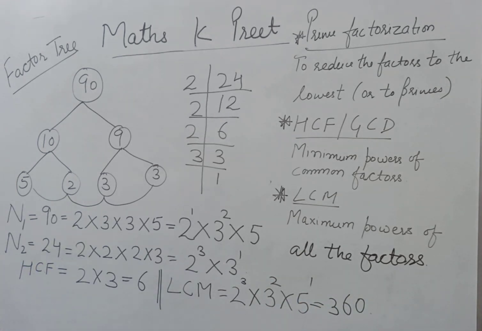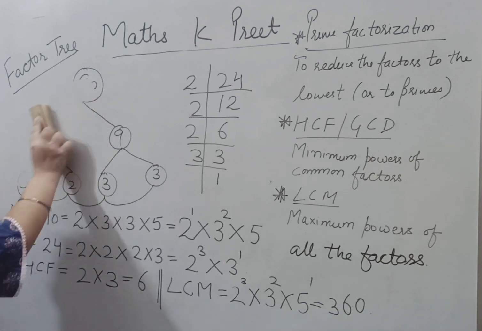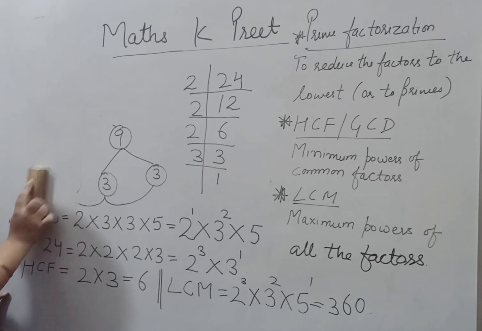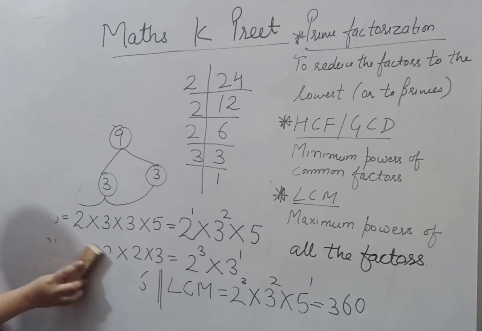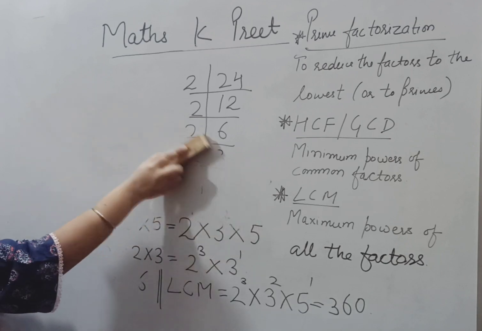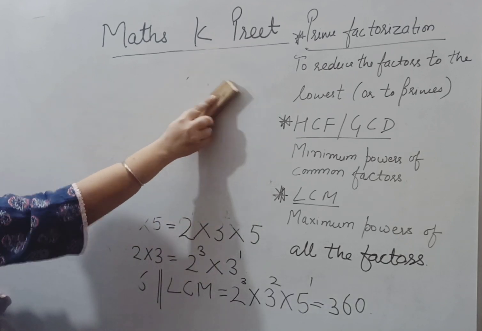This is the LCM. So this was all about prime factorization, the factor tree, the division method, and this is the HCF, this is the LCM of numbers. Next we will see some questions and results for the HCF and LCM concept.